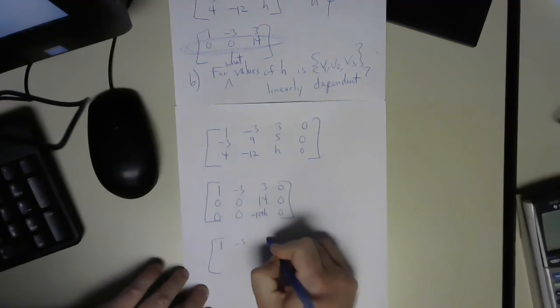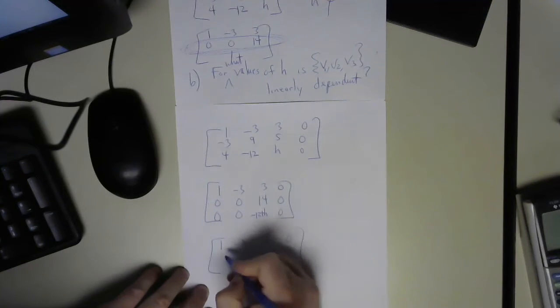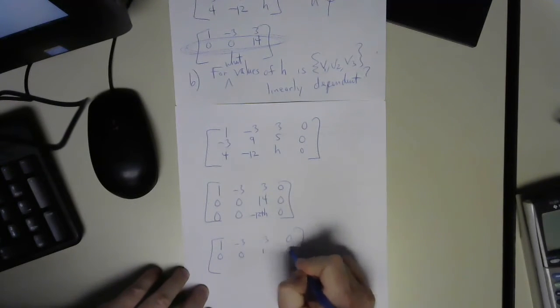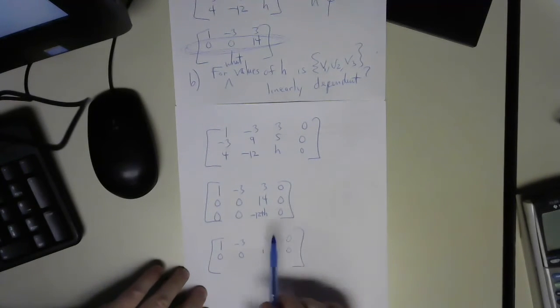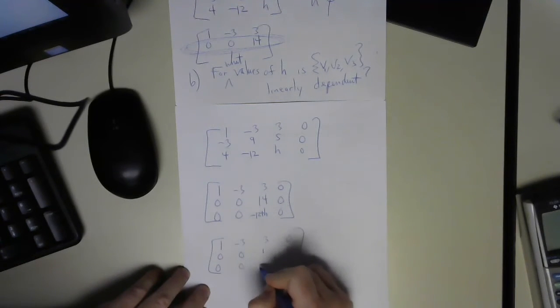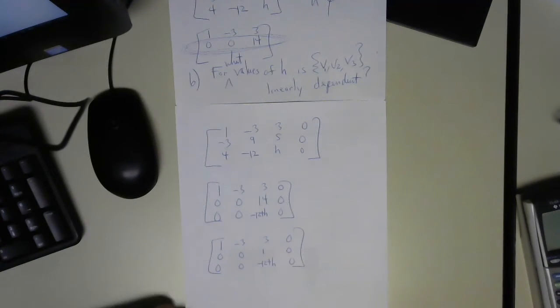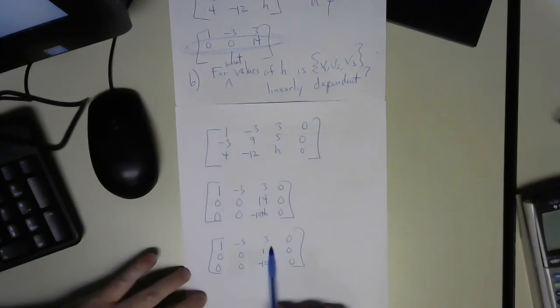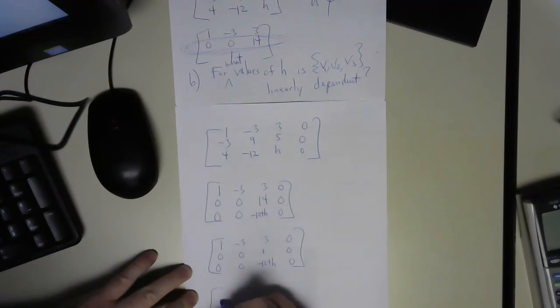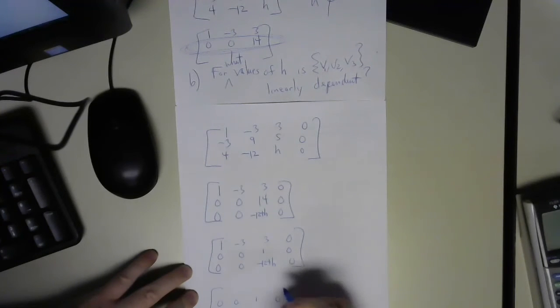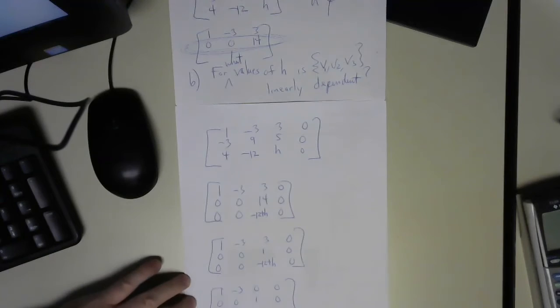Next, we'll put it in reduced echelon form. And, well, that means this has to be a 0, and so does that. All right. So I suppose I could make this a 0 by multiplying the second row by negative 3 and adding it to the first row. But that won't change the other entries in the first row.